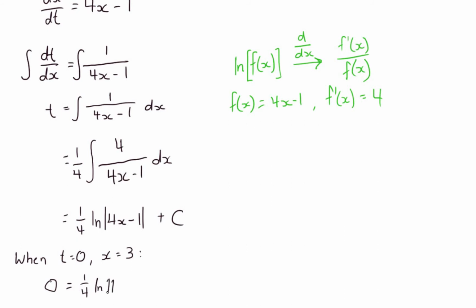Now, just make sure my ones look like ones here. We've got a lot of absolute values and L for ln going on here. Okay, so 1/4 times ln of 11 plus c, that's equal to 0. So therefore, we can see that our constant is negative 1/4 of ln 11.